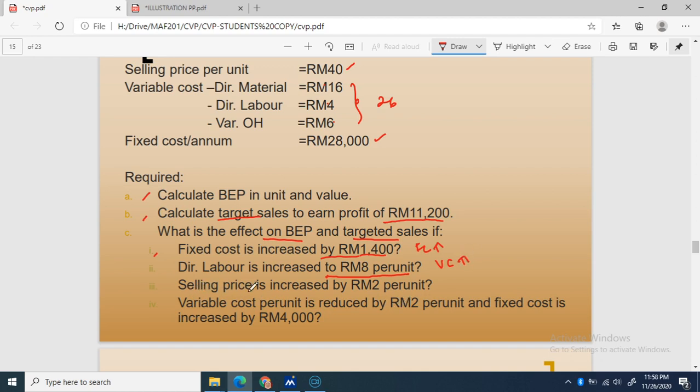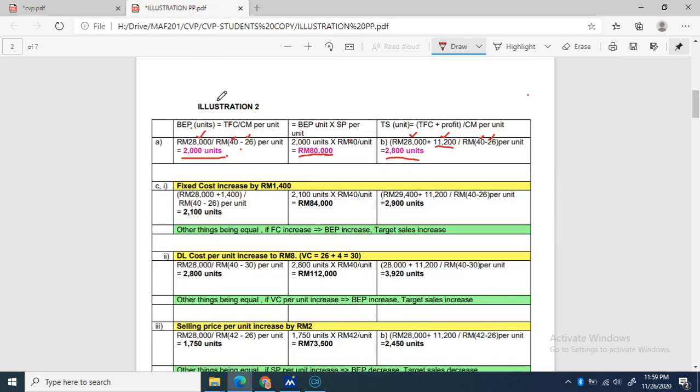The third one, selling price is increased by 2 ringgit, so selling price per unit is also increased. Number 4, there are 2 changes simultaneously: variable cost per unit reduced, and total fixed cost increase. So what will happen to BEP and target sales? So we refer to the answers.